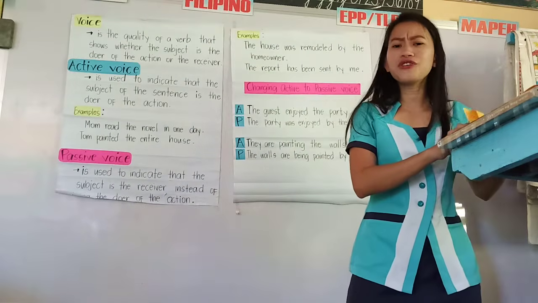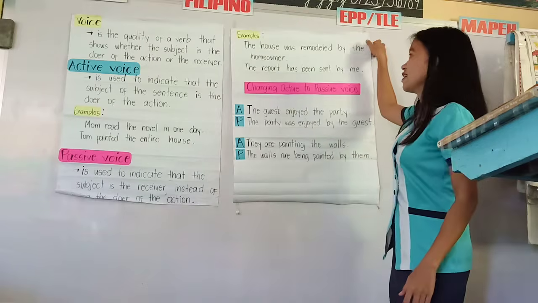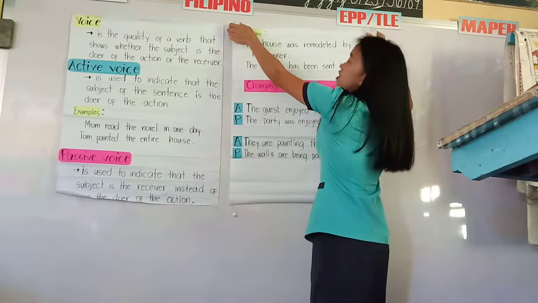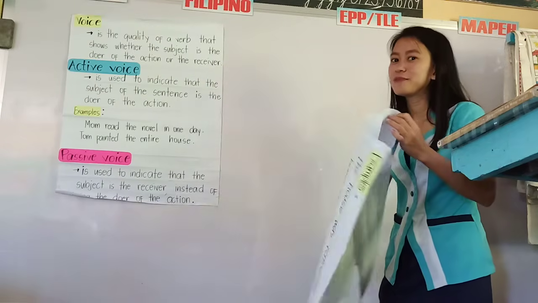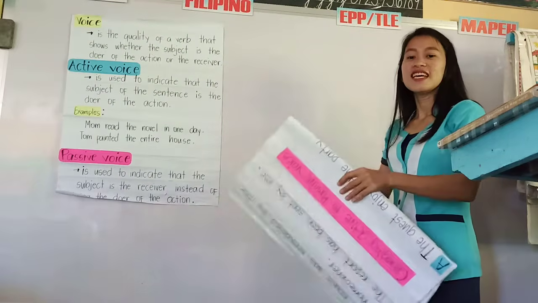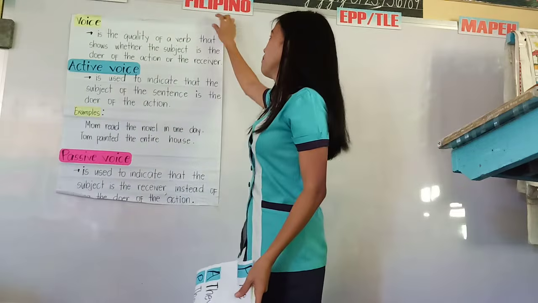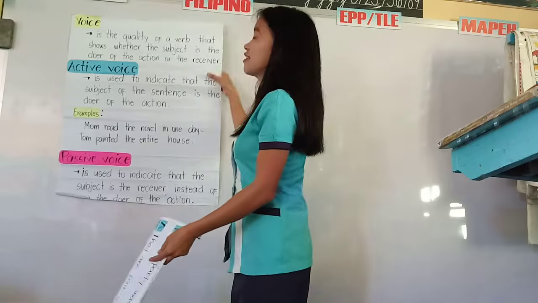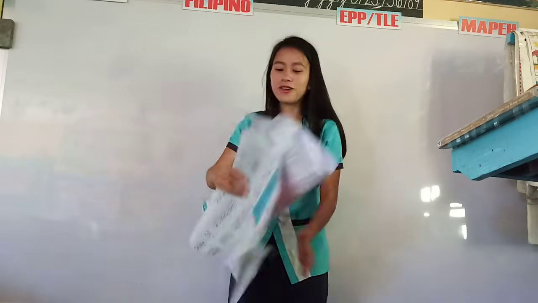For me to further assess if you truly understood our topic for today, let's have an application. In a 1/2 sheet of paper, please answer this activity. Let me just remove this one.